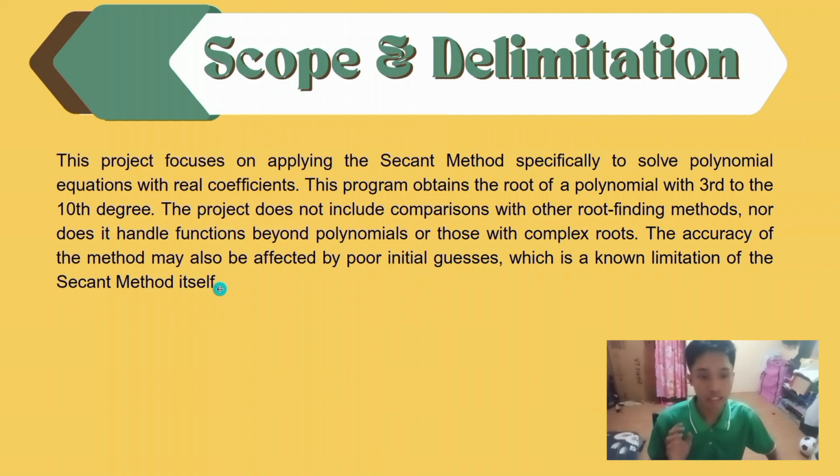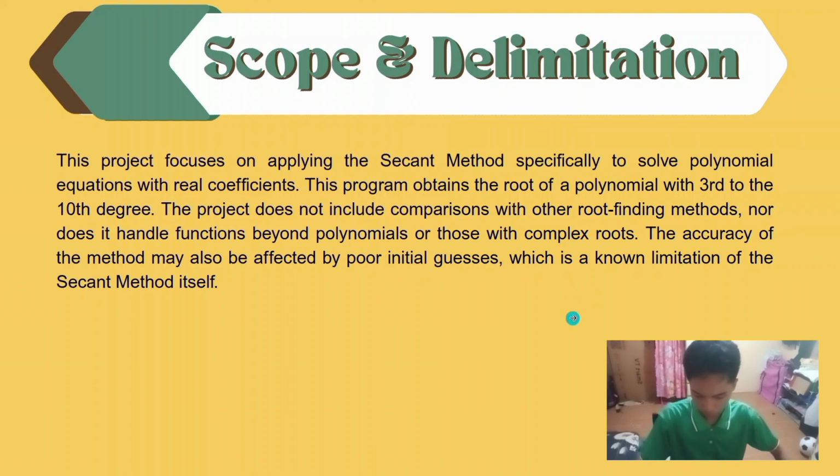The project does not include comparisons with other root finding methods, nor does it handle functions beyond polynomials or those with complex roots. The accuracy of the method may also be affected by poor initial guesses, which is a known limitation of the secant method itself. So that is the limit of our project. We're done with the scope and the limitation.